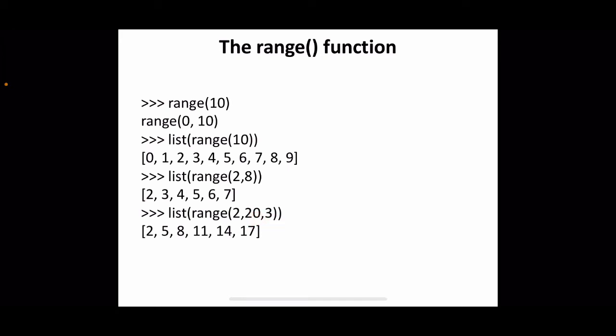So we start from 2, then step size is 3, right? 5, 8, 11, 14, 17. The next number is 20, but we should not include that, right? The upper bound is given as 20, so we have to stop at 17. That is how the range function works.